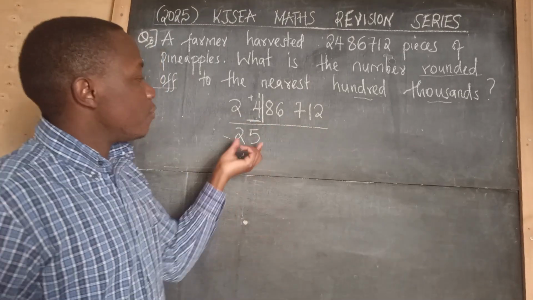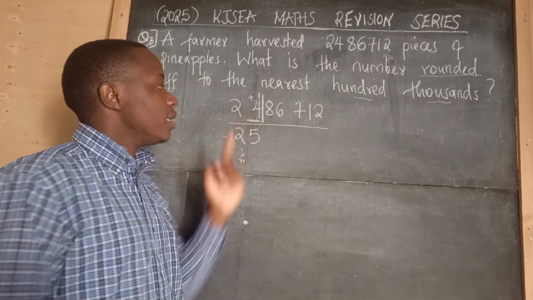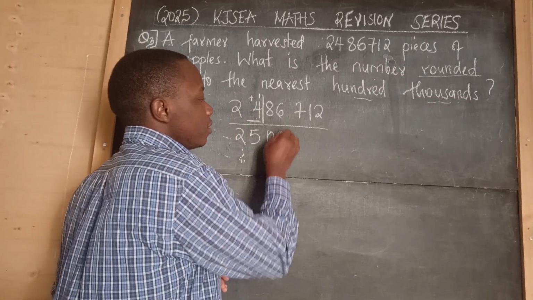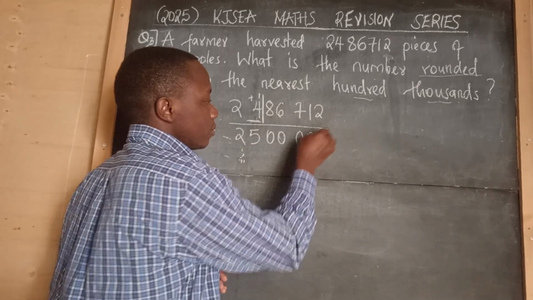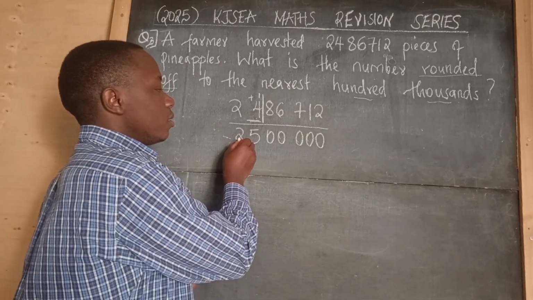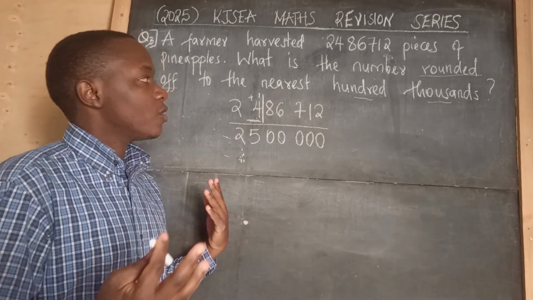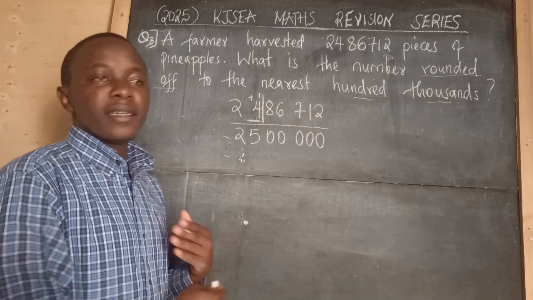After that, we've already rounded off our number to the nearest hundreds of thousands. The rest become zeros. So our answer is 2,500,000. That is basically how you round off a number to the nearest hundred thousand.